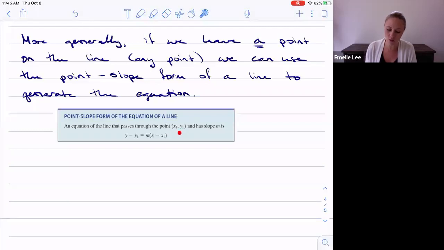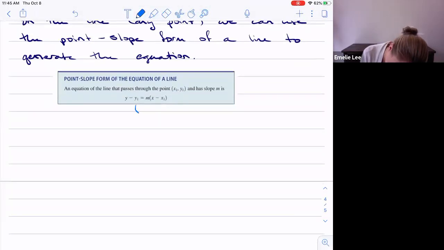And as long as we know one point that it passes through, we can rewrite this line as y minus y1, which is the y in the point that we know, equals m, which is the slope, times x minus x1, which is the x that we know from the point. So y1 and x1 are both from the point that we know.